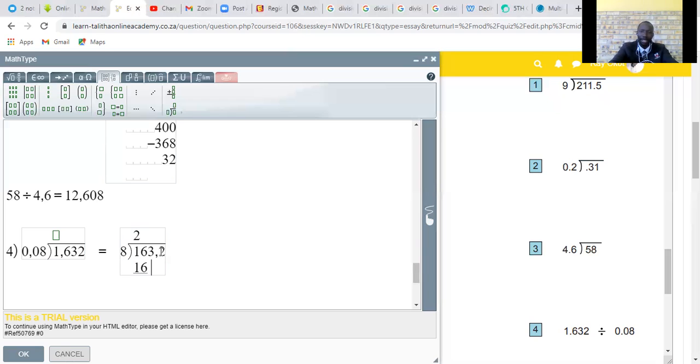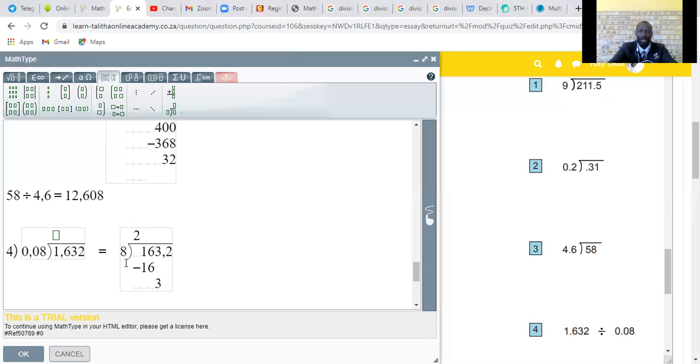And now when we get the difference between the two, the result will be 0. And so we bring down the 3. Can 3 be divided by 8?